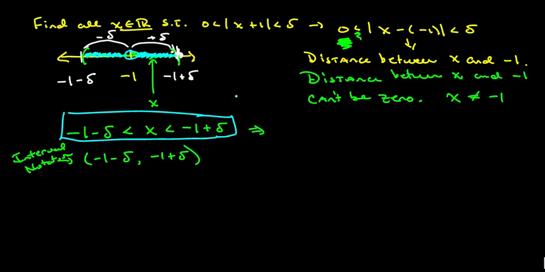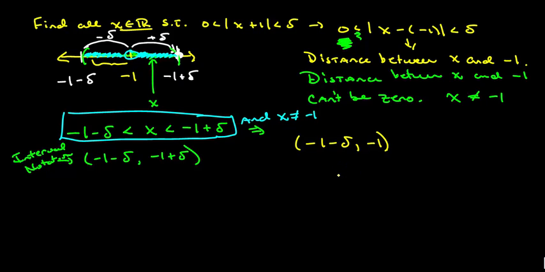We can say this and x cannot equal negative 1, or we can use interval notation, and the interval would be from negative 1 minus delta all the way up to negative 1, not including negative 1, because x can't be equal to negative 1.